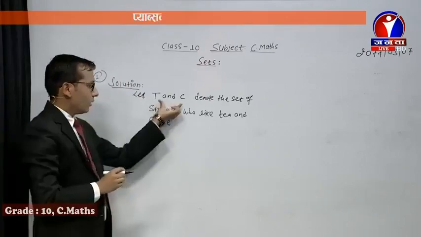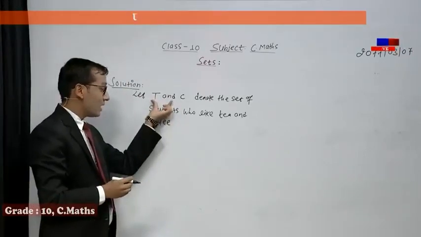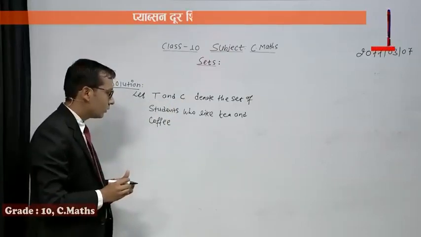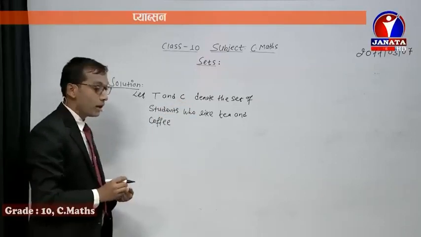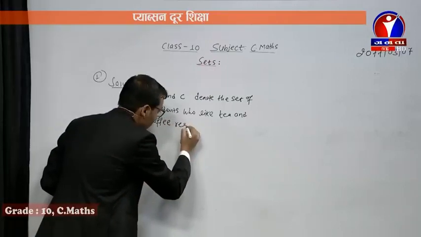In the beginning of the solution, we suppose what is T and what is C. Here T is the set of students who like tea, and capital C is the set of students who like coffee, respectively.